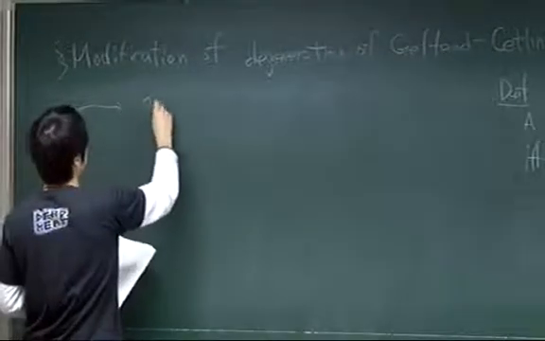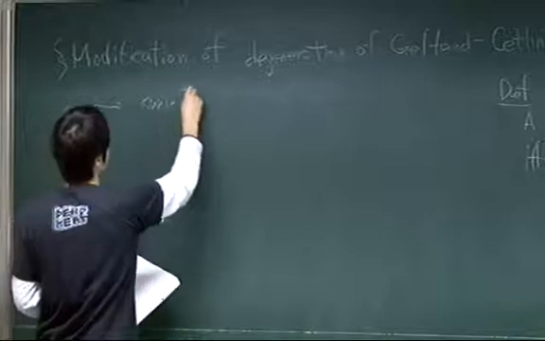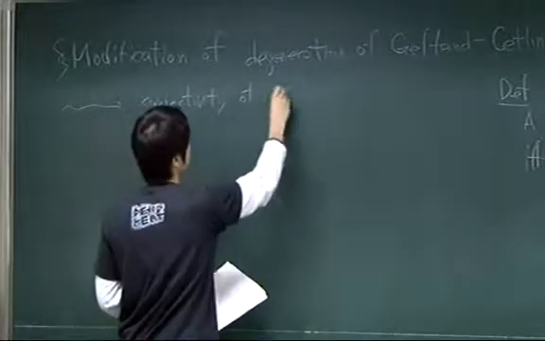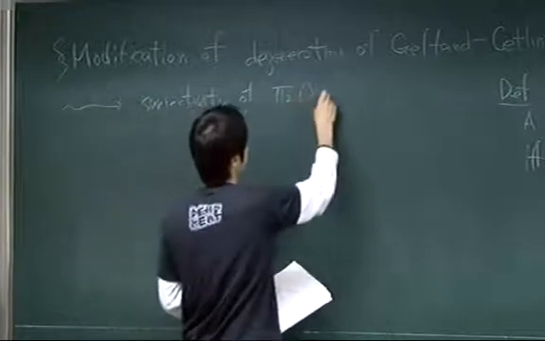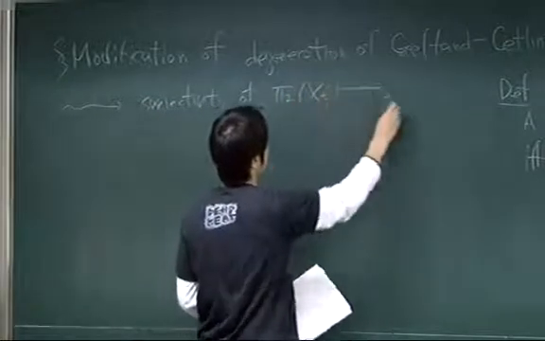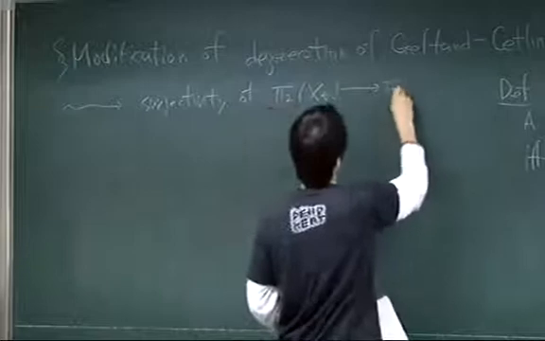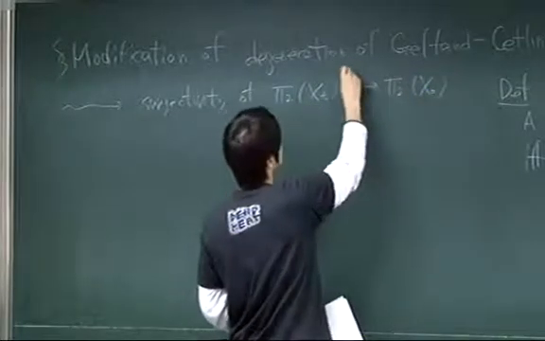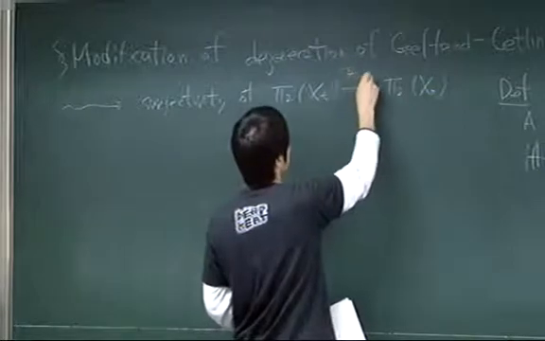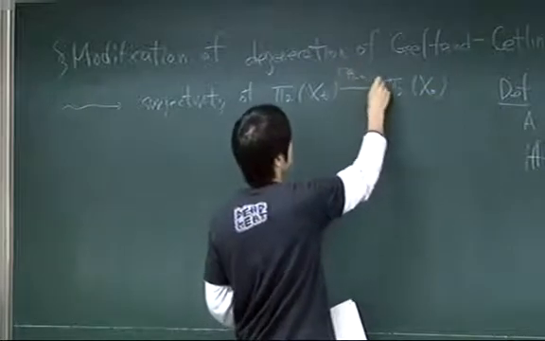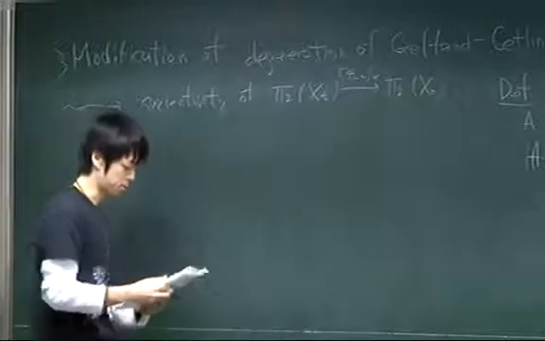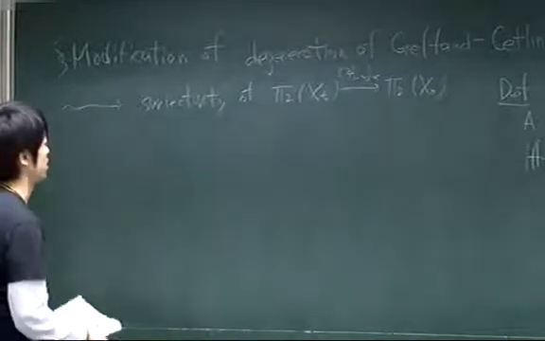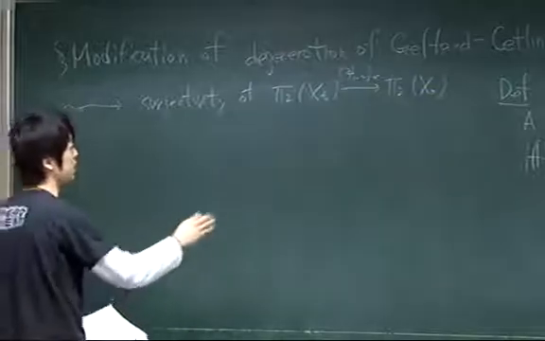The surjectivity of pi 2 of xt to pi 2 of x0 is maybe given by 5 minus 1. Okay, and so the rest of the problem is the injectivity of this map.